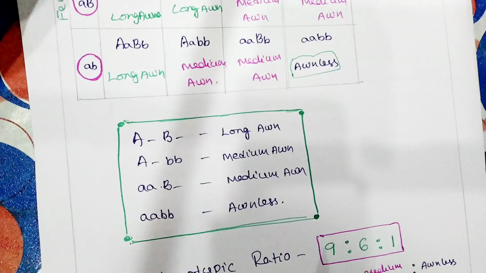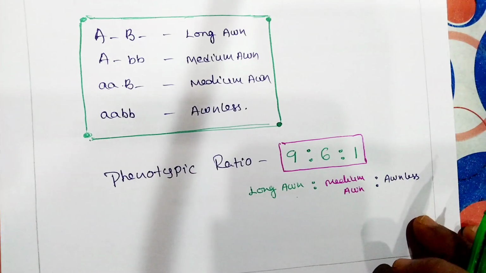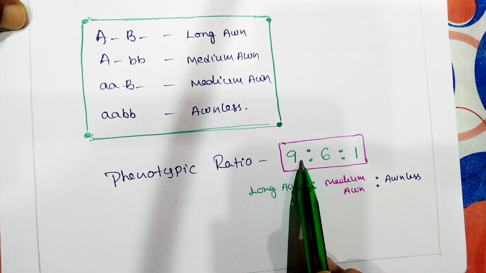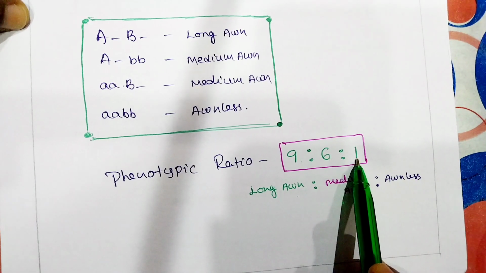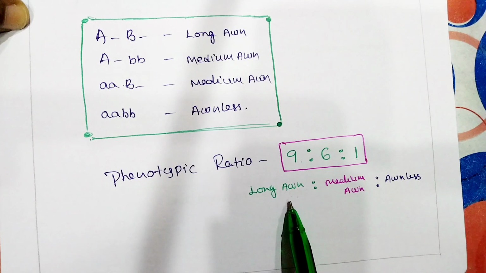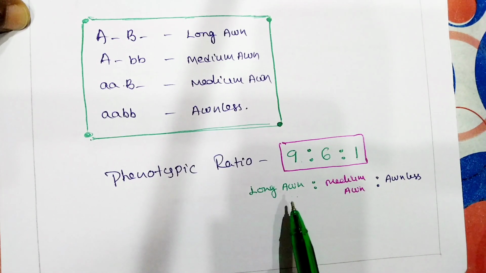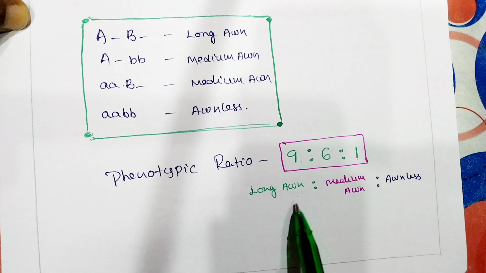So this is the phenotypic ratio we get in F2, that is 9:6:1. Nine are long awn, having both the genes; that's why the cumulative effect of these two genes produces long awn.